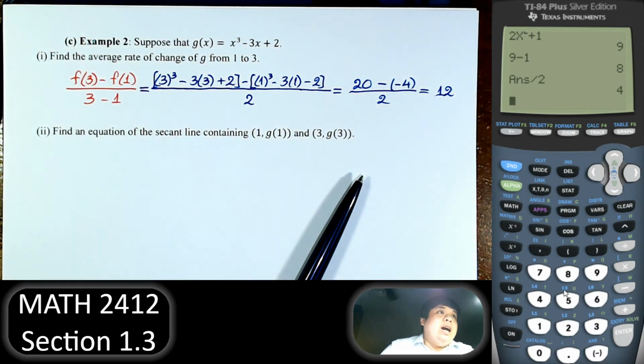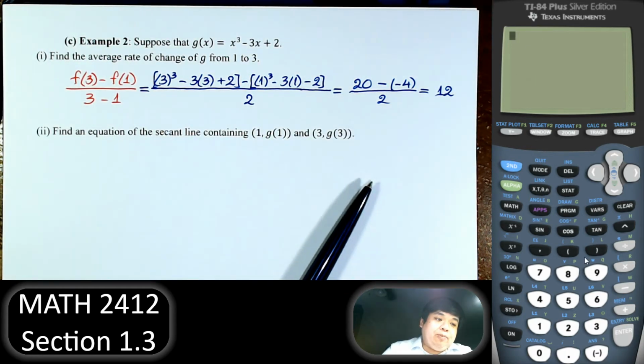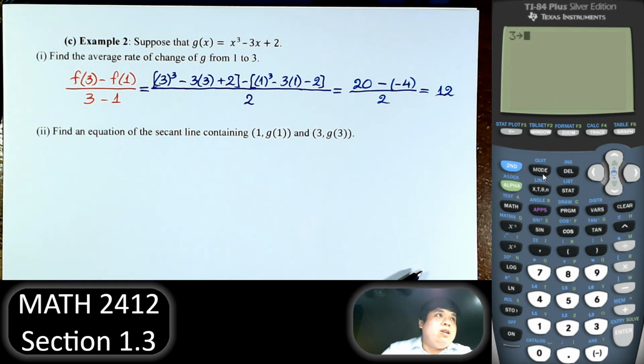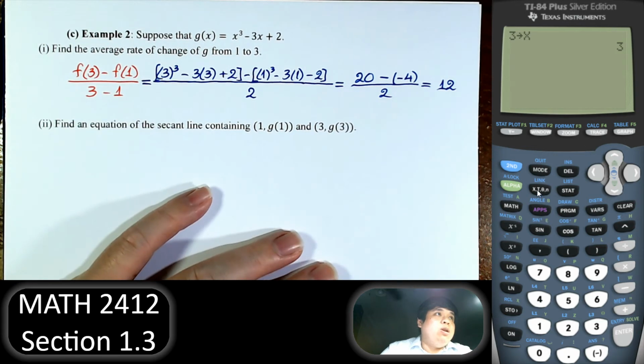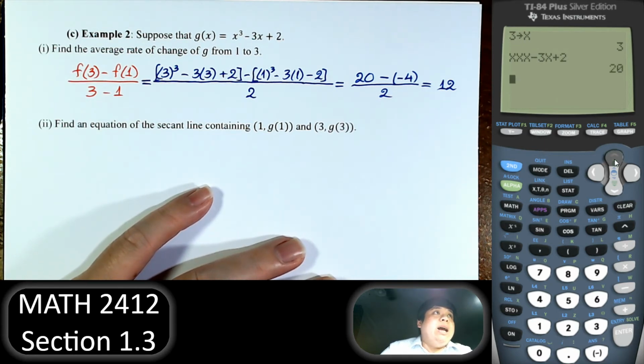Right, I will check using the calculator here. 3 stored to x, and the function is x cubed minus 3x plus 2. And now we will store 1 into x and then we evaluate that.